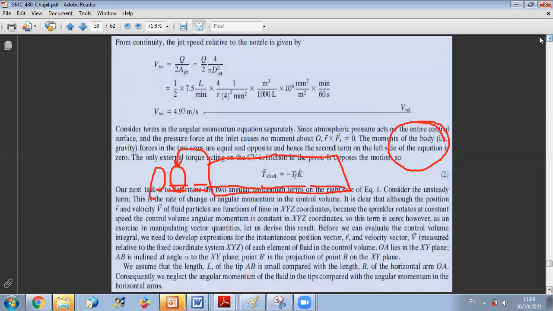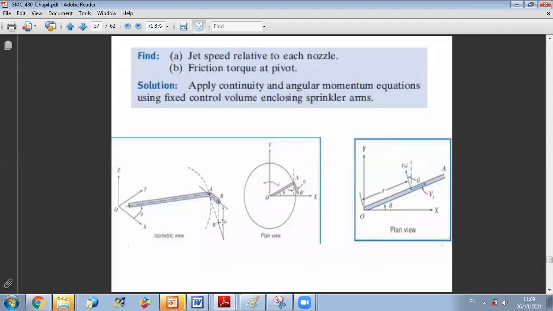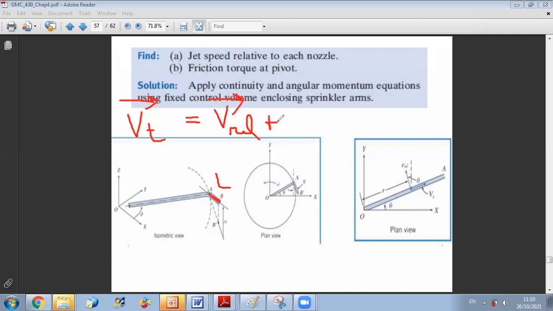If you look at the figure here, since this length L is not given, we consider that it's a pretty small length, so that the velocity of rotation at B is equal to the velocity of rotation at A. So to get V total at the exit, we should add to the relative velocity, which we calculated now, the velocity of rotation. So I have V relative plus V rotation.